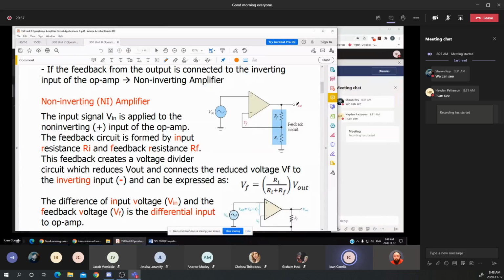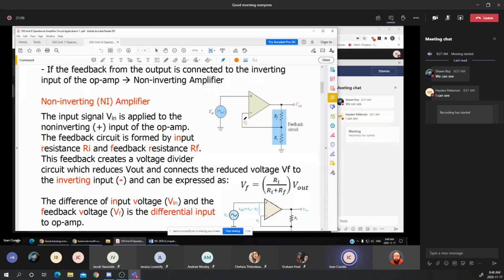It means that a portion, a fraction of the output voltage, is fed back into the inverting input. If the two resistors work as a voltage divider, we can precisely find the VF, or the feedback voltage.